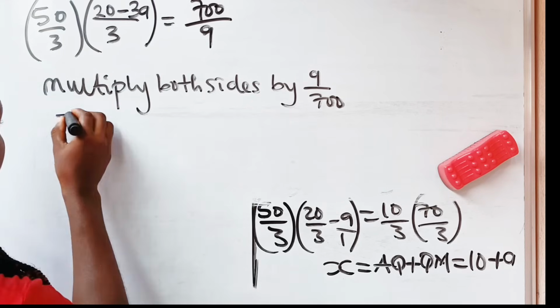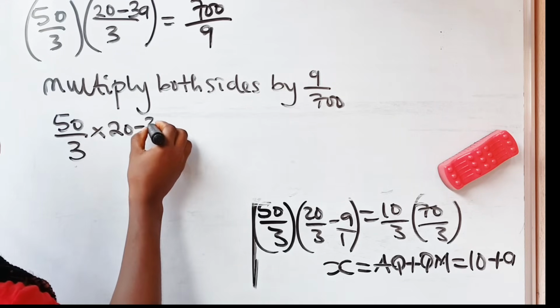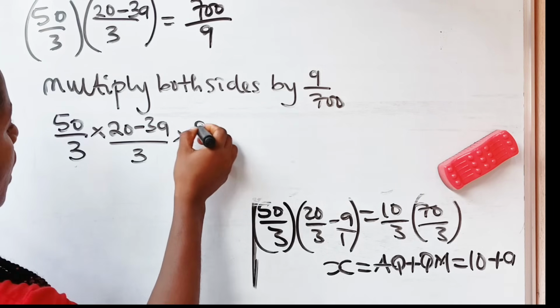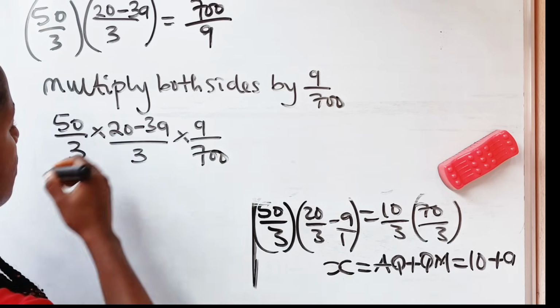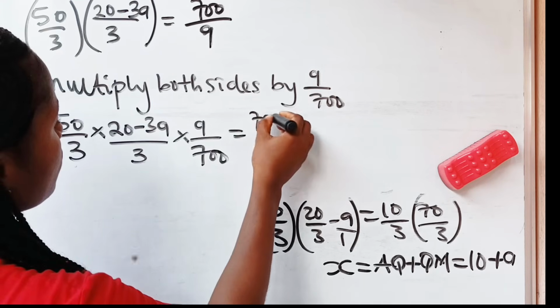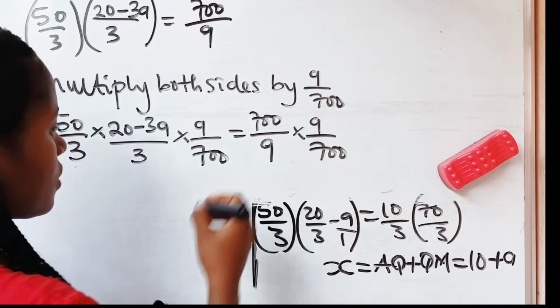So if we do that, we have 50/3 times 20 minus 3a/3 times 9/700, is equal to 700/9 times 9/700.